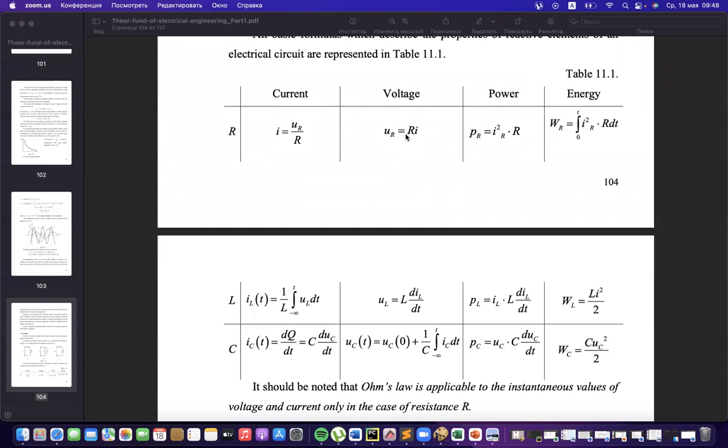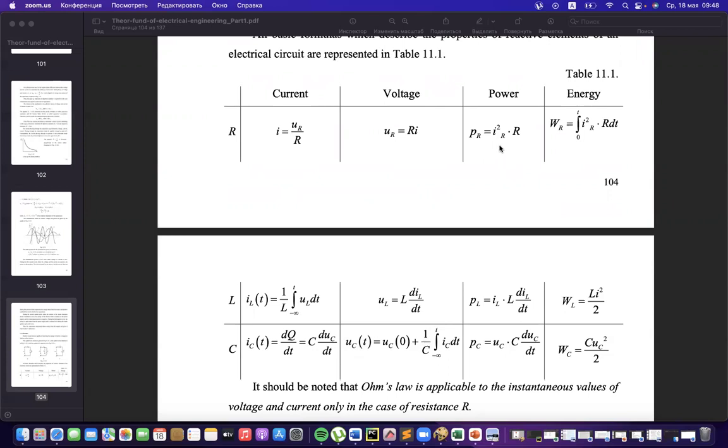Voltage from this Ohm's law, just from the ratio, we could find it. For the coil, it is a derivative. For the capacitor, it is an integral because current is a derivative. If current for the capacitor is a derivative, then voltage for the capacitor is an integral function.